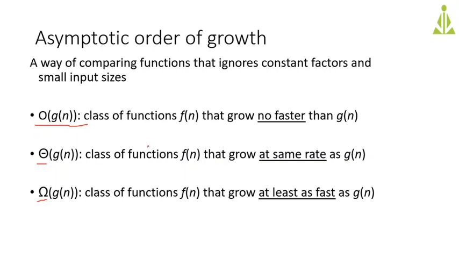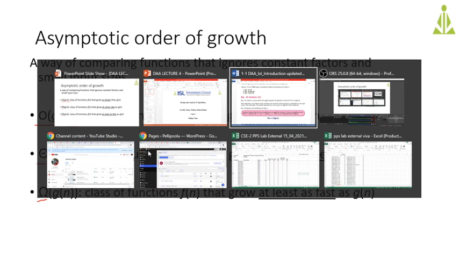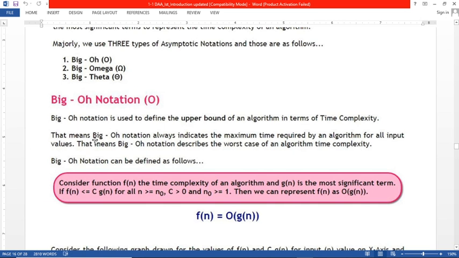I will explain this with an example. Here, big O is used to define the upper bound of an algorithm in terms of time complexity. What does upper bound mean? I will give an example. If you want to go from our college to Mehdipatnam, we can reach in 25 minutes.